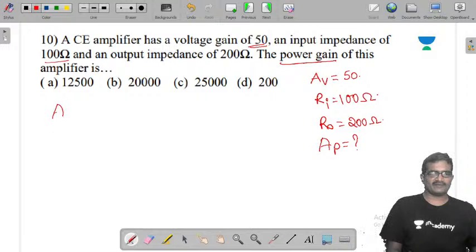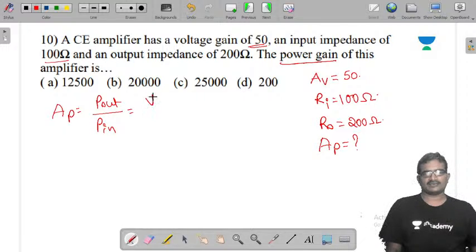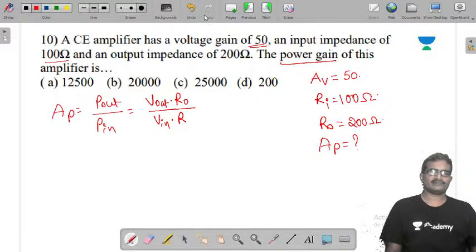Power gain is nothing but output power by input power. Output power is output voltage into output current, and input power is input voltage into input current.